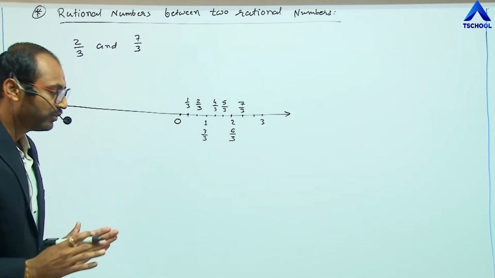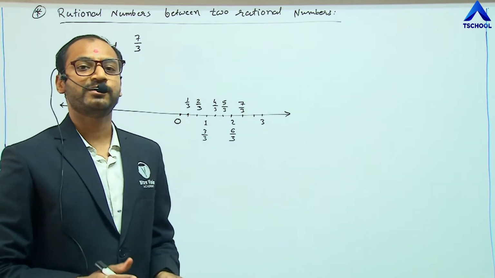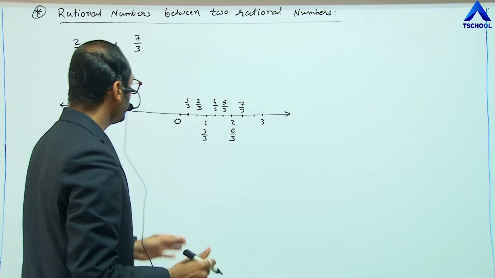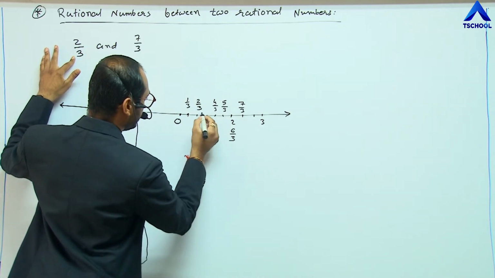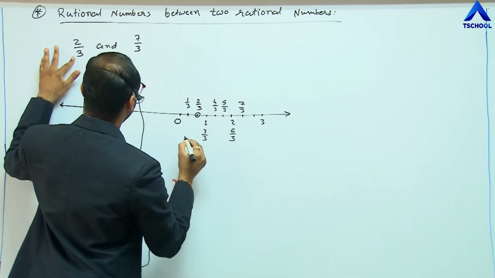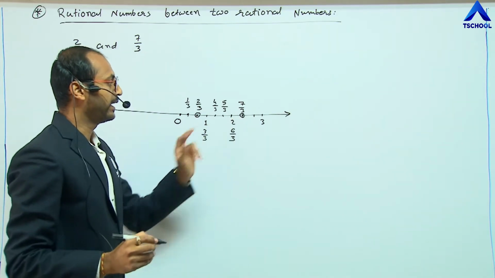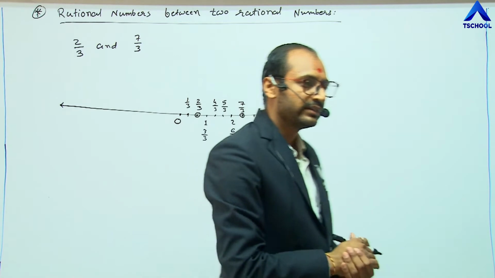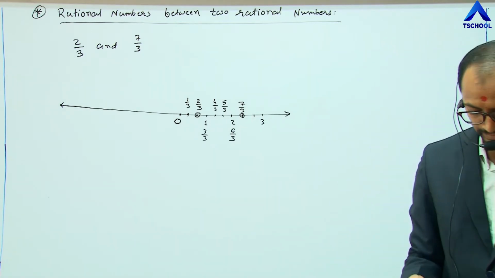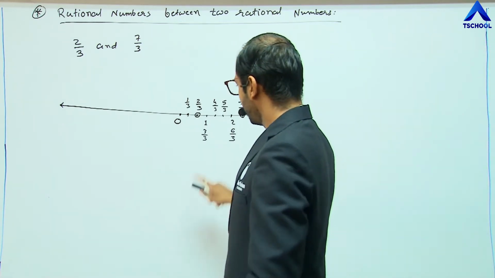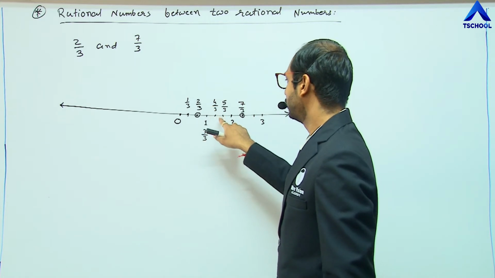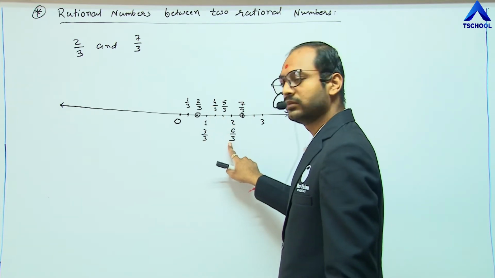So we have to find how many rational numbers are between 2 upon 3 and 7 upon 3, that means between this number and this number. So count the rational numbers. How many numbers are there? 1, 2, 3, 4.